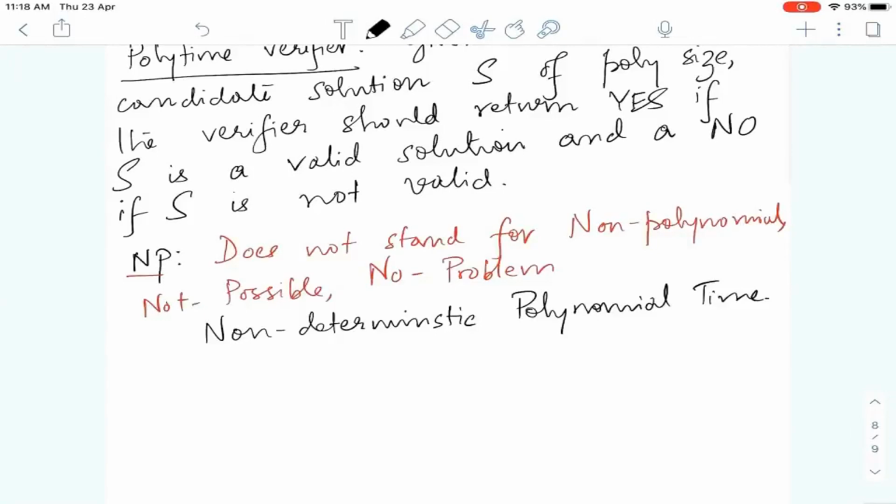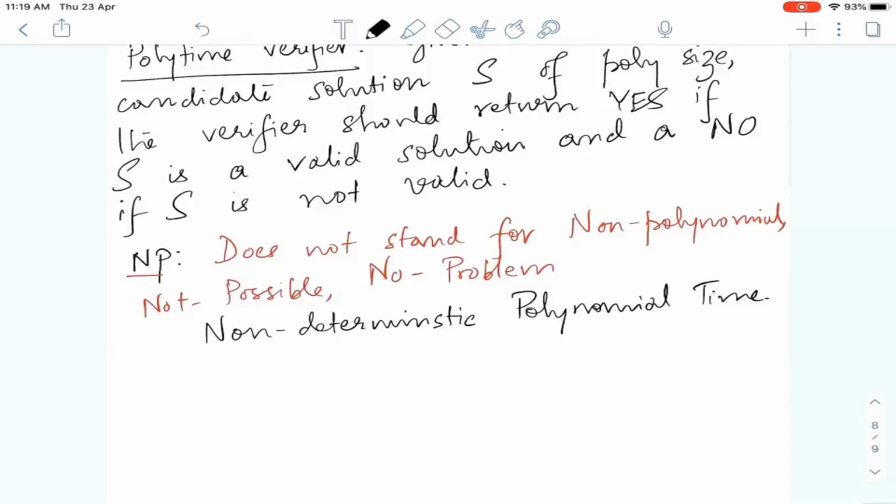So again, if you take a course on TOC, then you will learn about non-deterministic automata and things like that. I again won't go into detail of why they're called non-deterministic polynomial time, but at a very high level, if this kind of verifier exists, non-determinism somehow allows you to verify a lot of solutions in parallel.